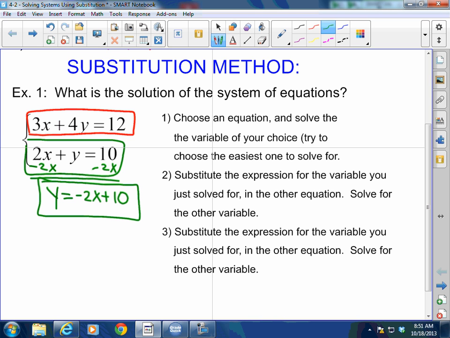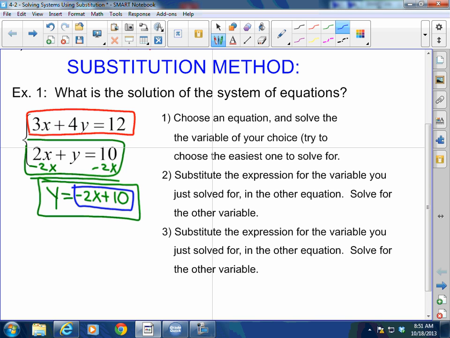Step 2, substitute the expression for the variable you just solved for in the other equation. Solve for the other variable. Okay, what does that mean? We just solved for y. We know what y equals. We know that y equals negative 2x plus 10.